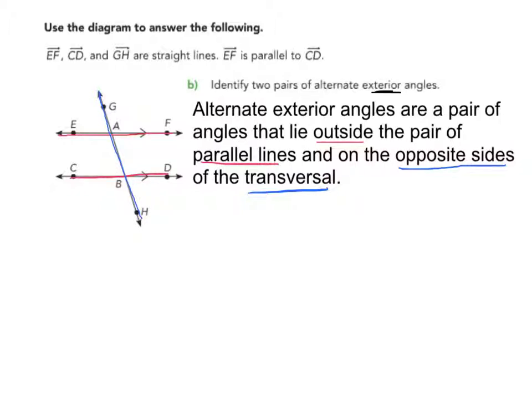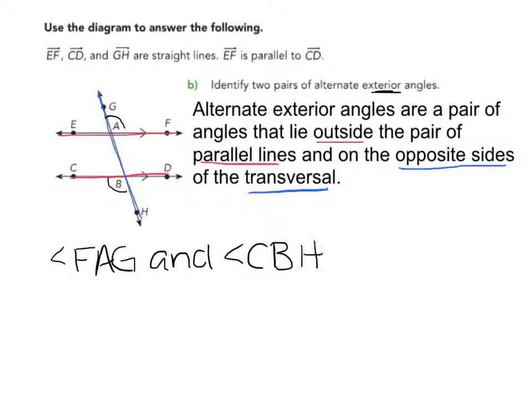So my first set that will lie outside and opposite will be here and here. See how they're on two different sides of my transversal and they lie outside of my parallel lines. So that gives me angle FAG and angle CBH.